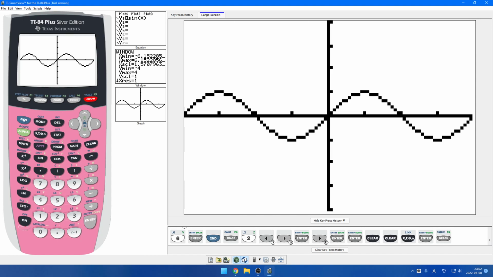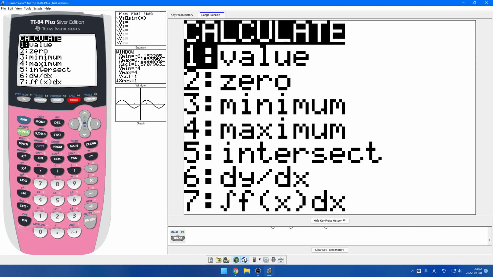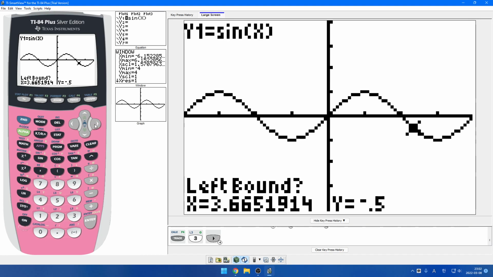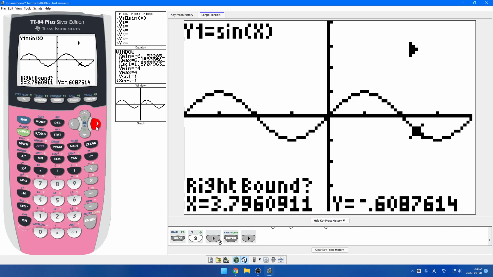Let's go back to the graph, and use second calculate again and look for a minimum and maximum. Now I'm looking for the minimum value. We can do the same thing, the left bound, the right bound, and it looks for the minimum value within that range.